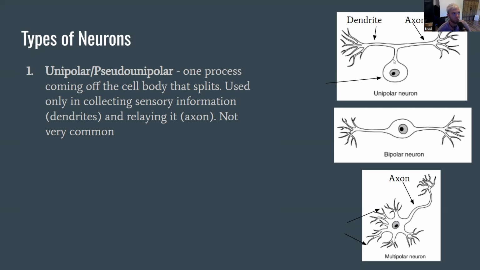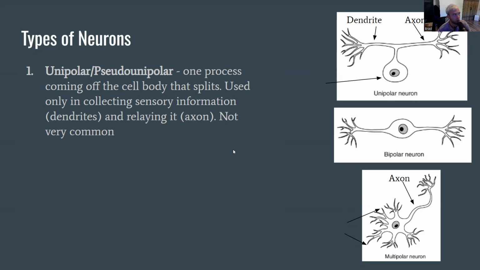The actual cell body itself is not involved in whether or not that signal gets sent. It's just there for support. It's not controlling whether the signal was strong enough to get sent. So the stimulus comes in and pow, it's gone down the axon to those target tissues.